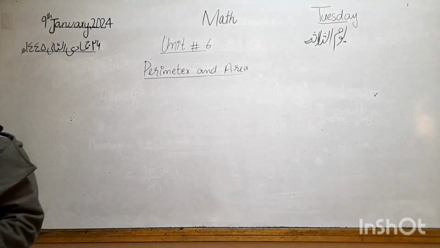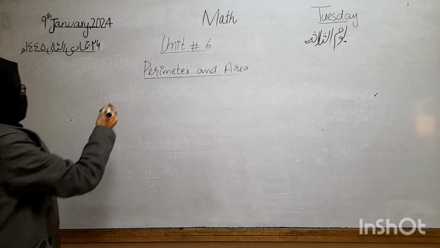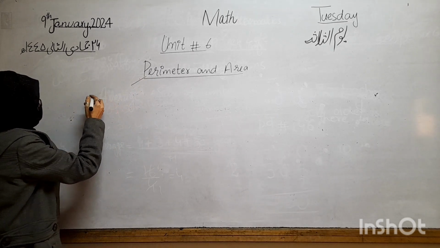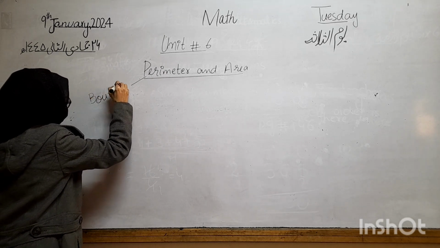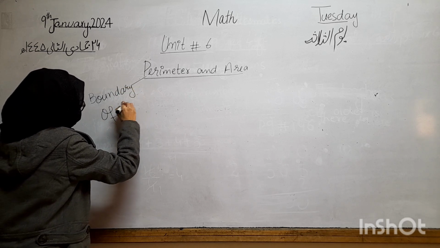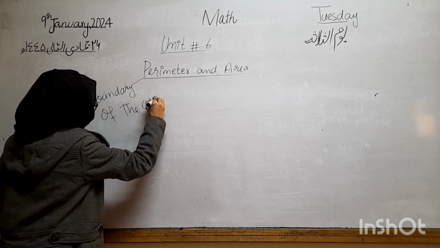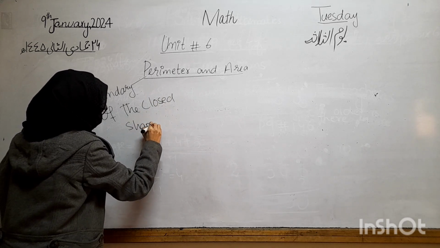Tell me class, what is perimeter? Good. Perimeter is the boundary of the closed shape.